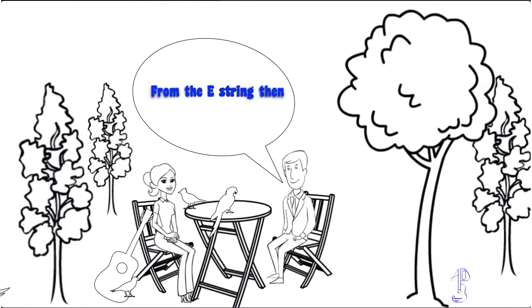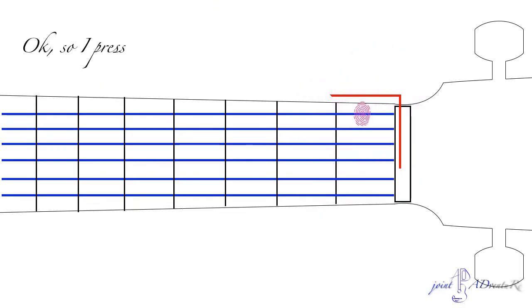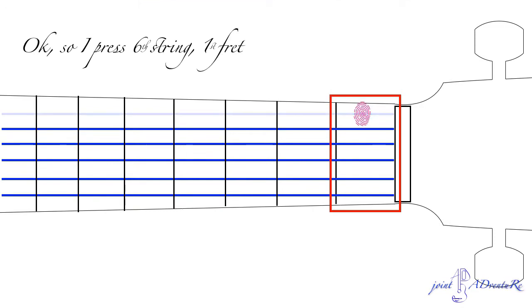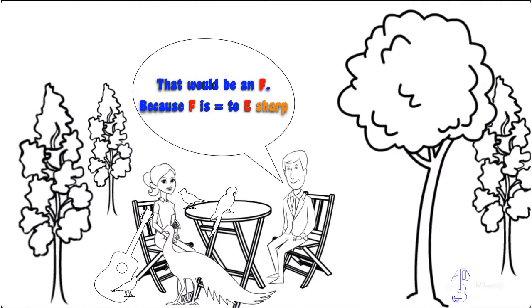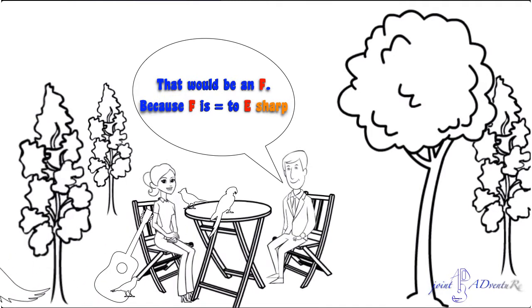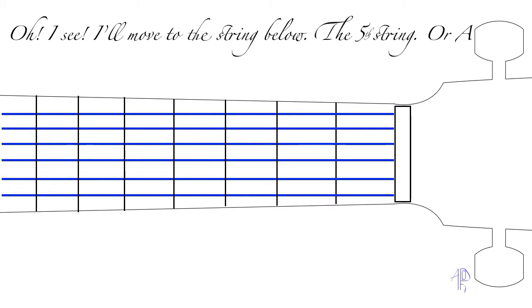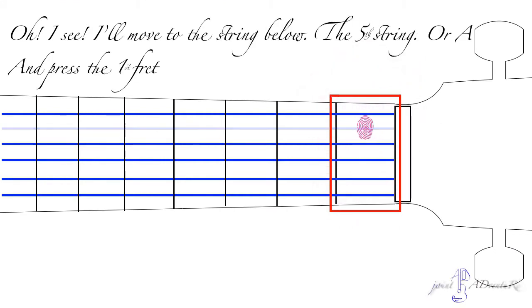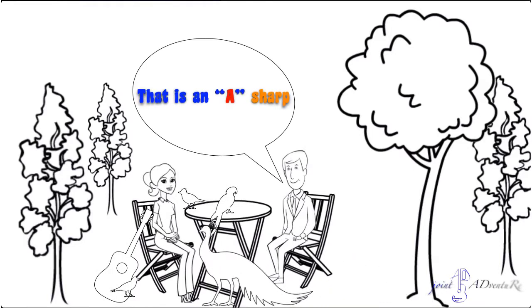From the E string then. Okay, so I press 6th string, first fret. There will be an F, because F is equal to E sharp. Oh, I see. I'll move to the string below, the 5th string, or A, and press the first fret. That is an A sharp.